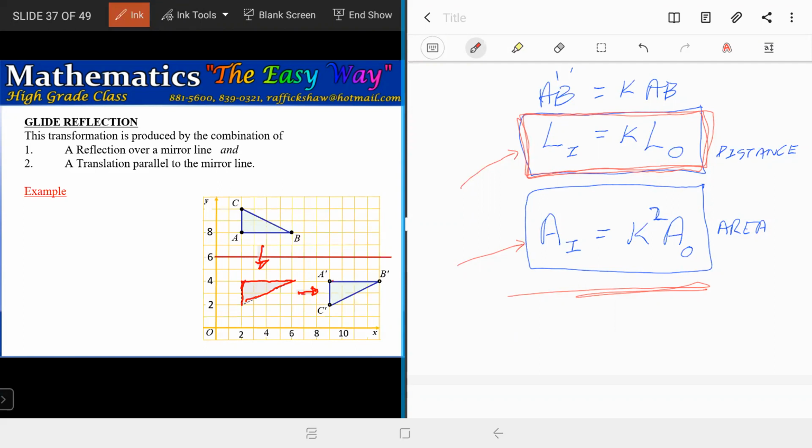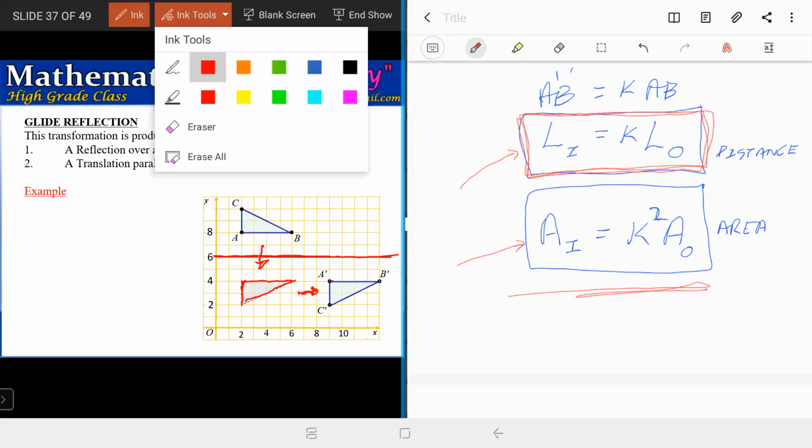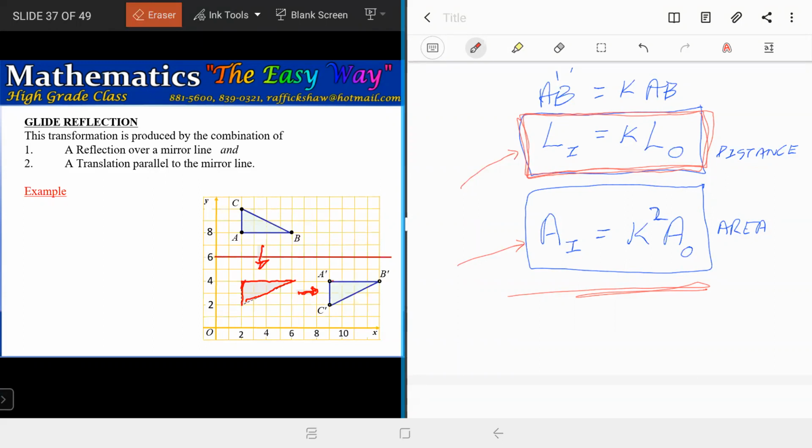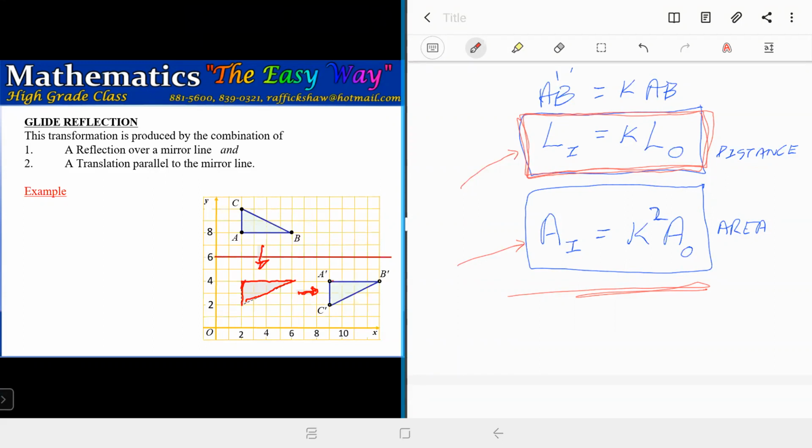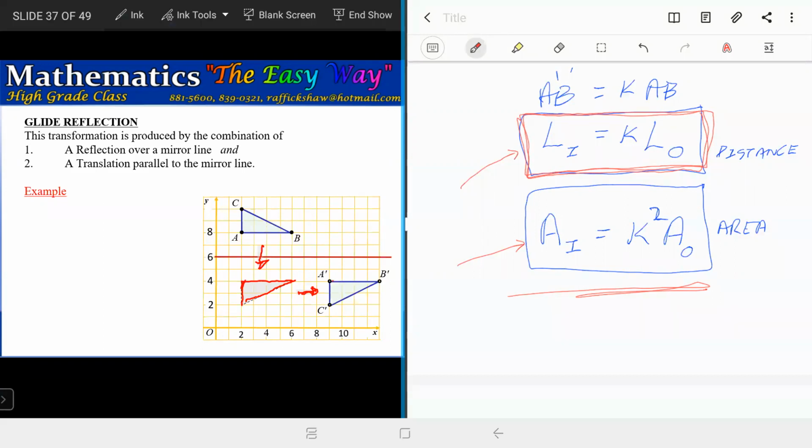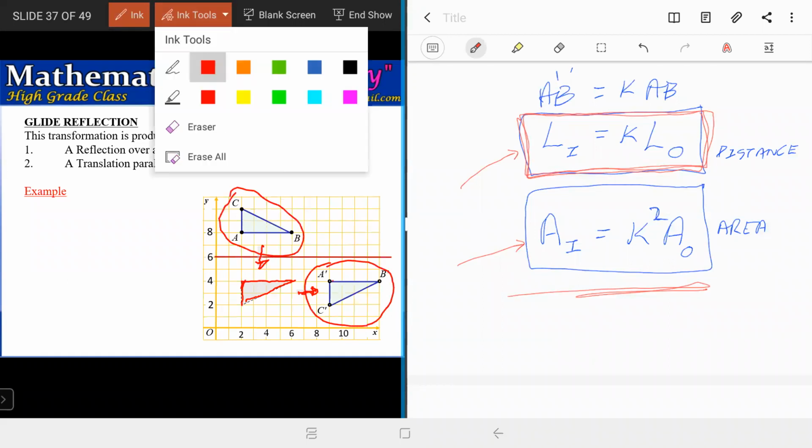And the glide is still parallel to the mirror line. So you see, it's still a translation parallel to a mirror line and a reflection over the mirror line in any order. It doesn't matter which one you do first. The result is going to be the same: you start here and you end up with this one. It's a glide reflection.